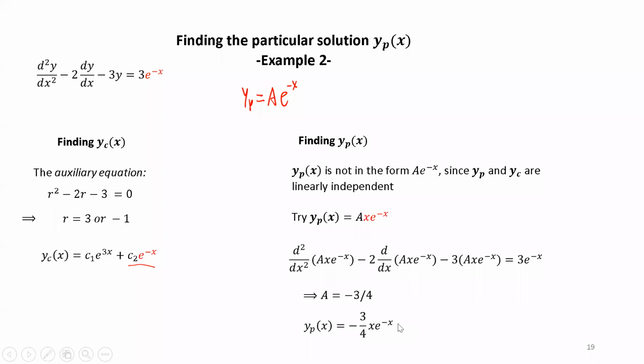Then the general solution is this one and this one. So the procedure is also quite standard. So just look at the right-hand side, and then write down the corresponding form of this yp to try, and then figure out the unknown constant.